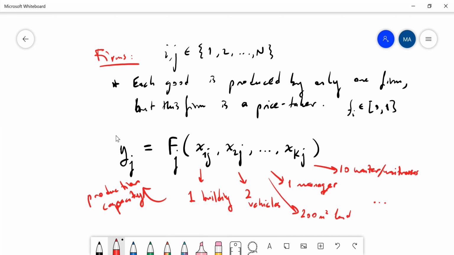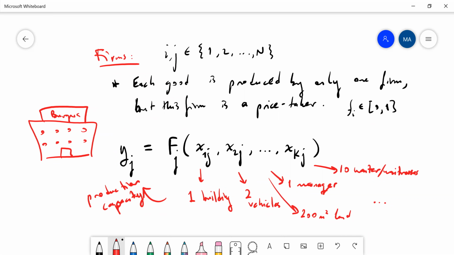Now you have the burger house. That's the first part. So this is again a production function. With 1 building, 2 vehicles, 200 square meters of land, 1 manager, and 10 waiters and waitresses, you are now ready to produce burgers. So this creates a capacity for you.